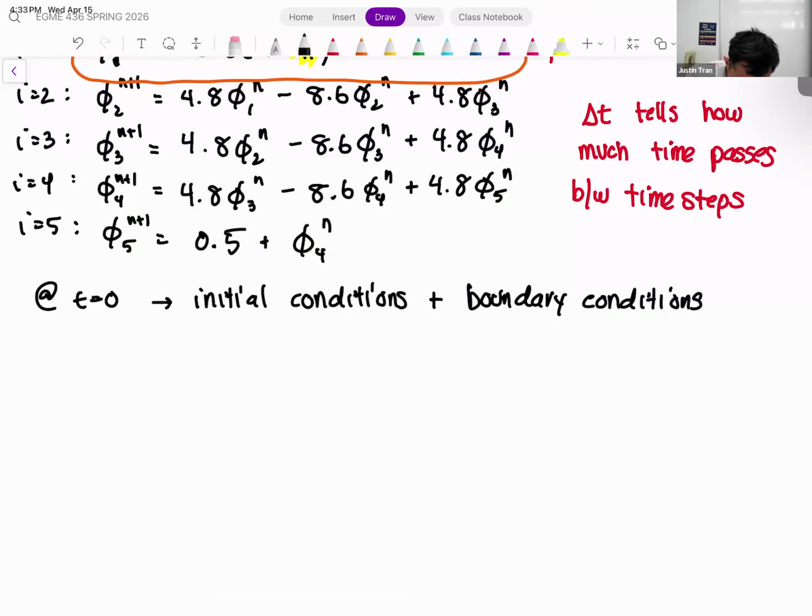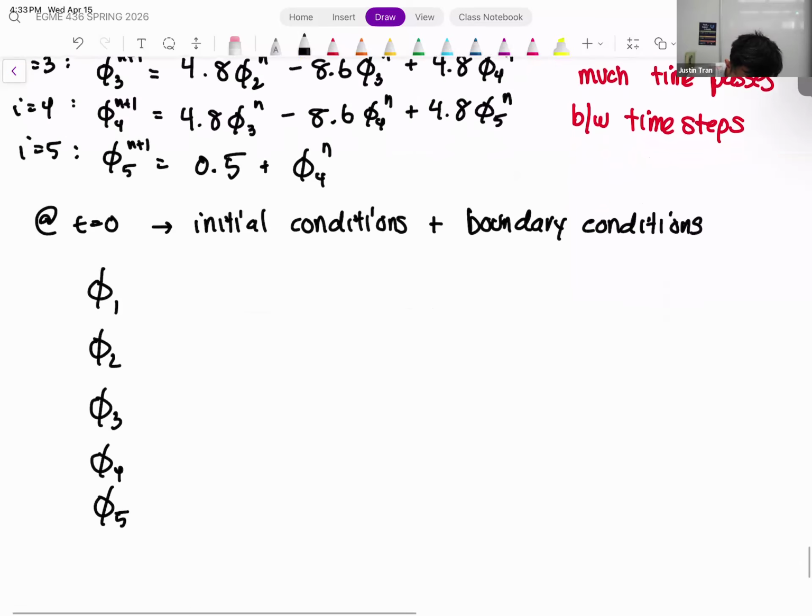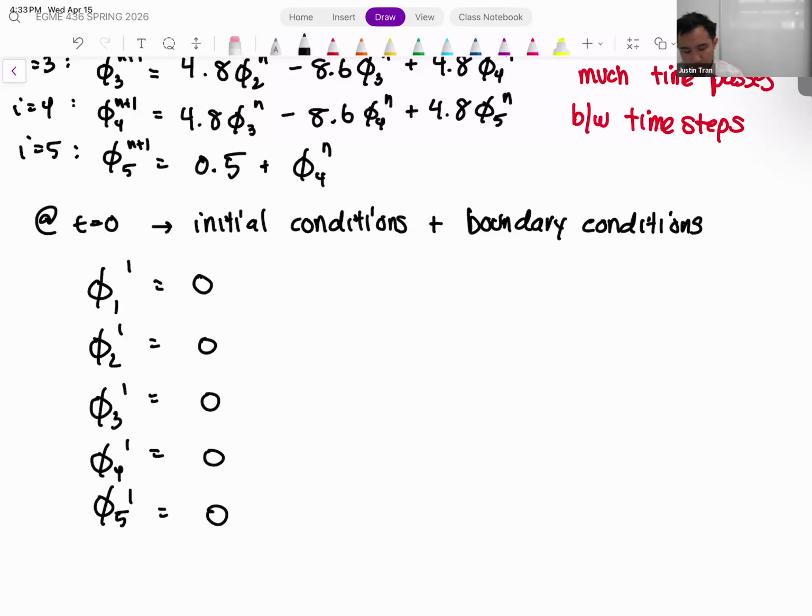At t equal to 0, we have phi 1, phi 2, phi 3, phi 4, phi 5, all at the first time step. Initially everything here is 0, so we're going to put zeros everywhere.